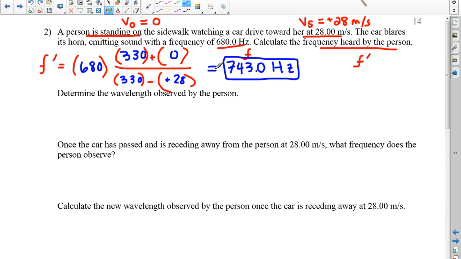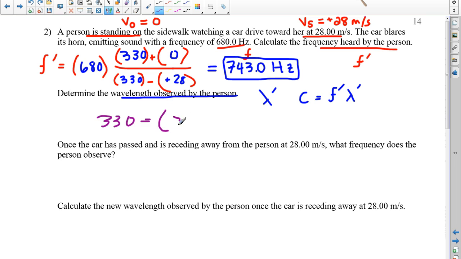And we could prove that the unit is hertz if we look at units inside, but we're not going to worry about that now. Next, determine the wavelength observed by the person. The wavelength observed by the person, that would be like lambda prime. Well, we know the frequency observed by the person, so we can find the wavelength observed. I'm taking the wave equation and applying it to this scenario. So the speed is 330 as before.